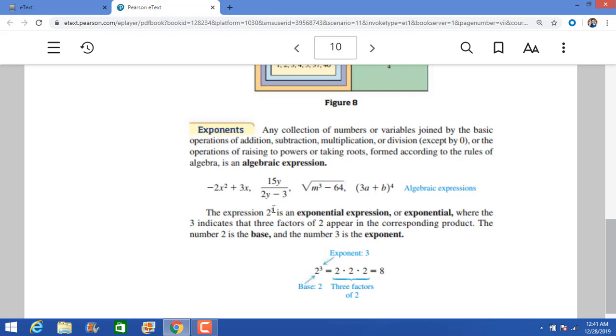So 3 here as an exponent means that 2 is a factor 3 times. The base is the 2, and the 3 is called an exponent. By definition, 2 to the third power is 2 times 2 times 2, which equals 8, because there are 3 factors of 2.